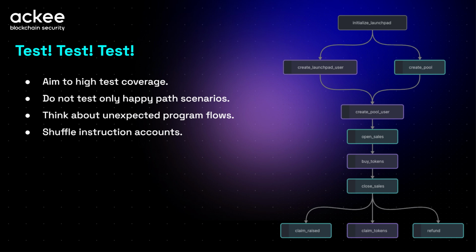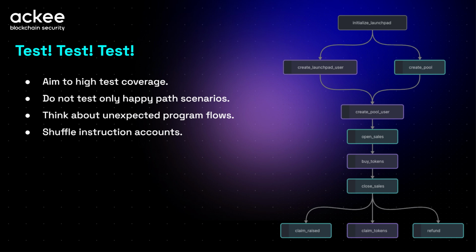Actually, the unhappy path scenarios are maybe even more important to test. And so this is one thing. You should really change or test different program flows, but you should also test that you supply, or someone supplies, unexpected accounts to your program.